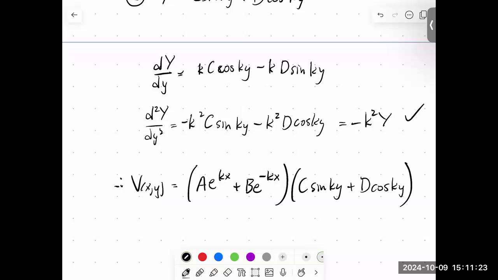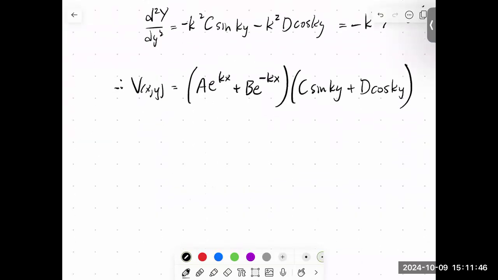So far, we've only done a generic math problem, okay? This works for any separation of variable solution to Laplace's equation. We have not used any properties of our geometry at all, okay? So now we're going to actually do the physics.